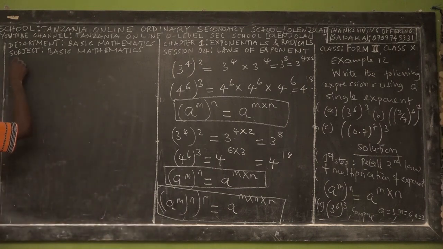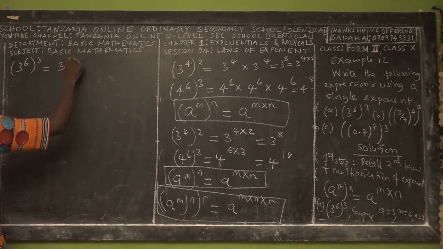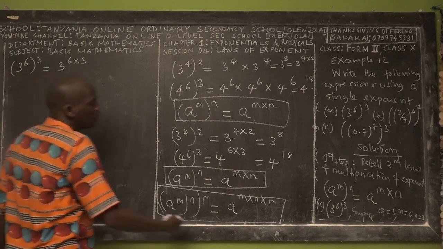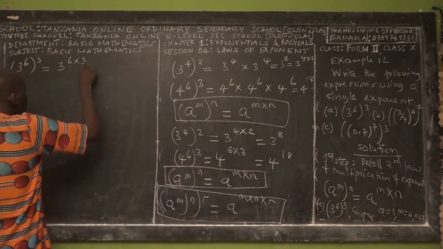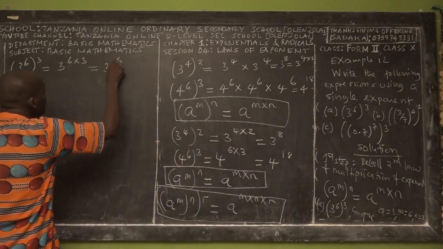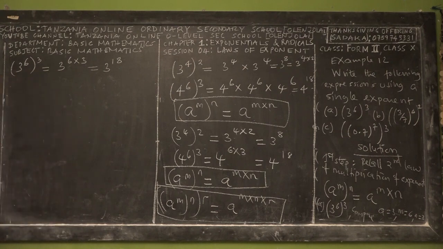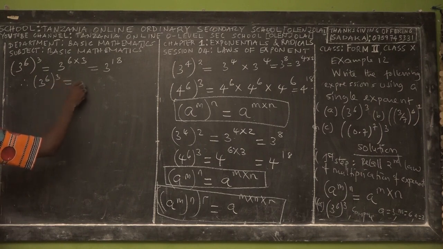We have been given 3 power 6 raised to 3. This is equal to 3 power 6 times 3, because on the right hand side it is m times n, so we multiply the exponents. 6 times 3 is equal to 18. Therefore, 3 power 6 power 3 in a single exponent is equal to 3 power 18.